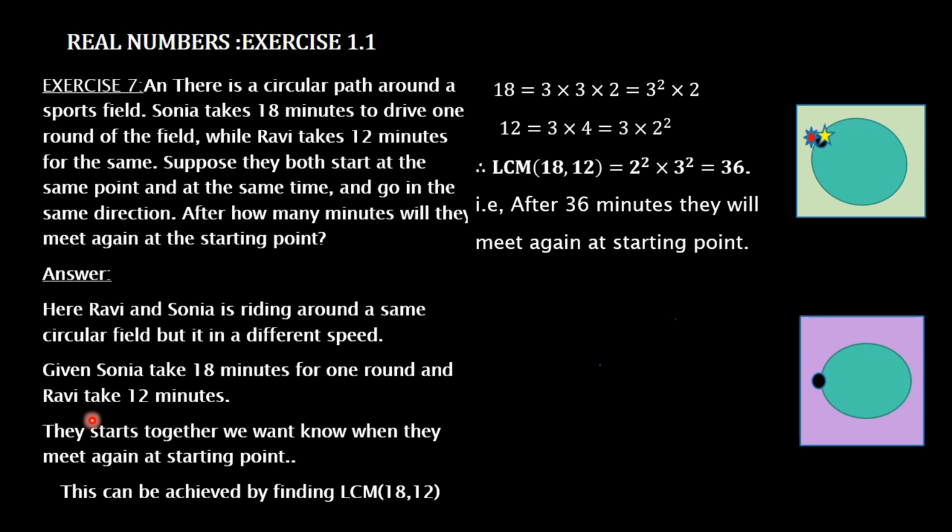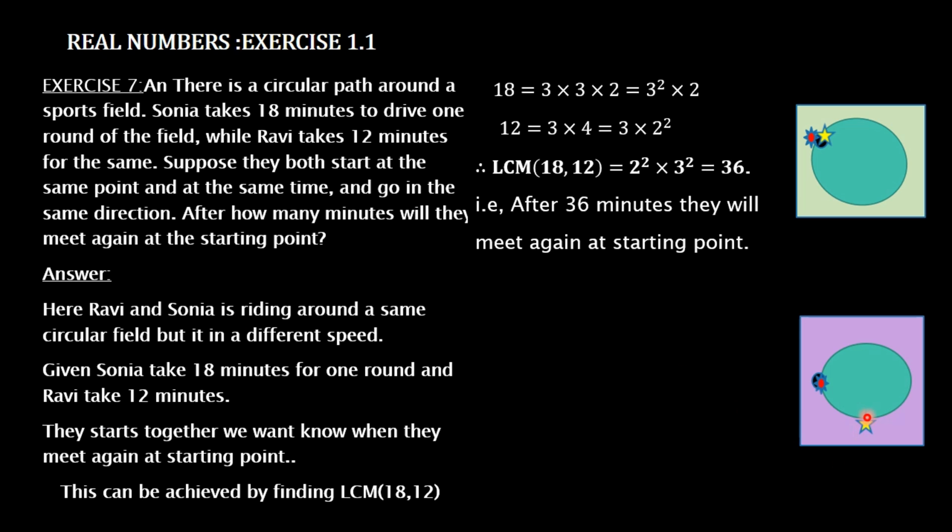After 36 minutes they will meet at the starting point. Ravi here takes 12 minutes. At 12 minutes, Ravi will complete his full round. Then what about Sonia? She will take 18 minutes for a drive, so after 12 minutes, she will be at this position.